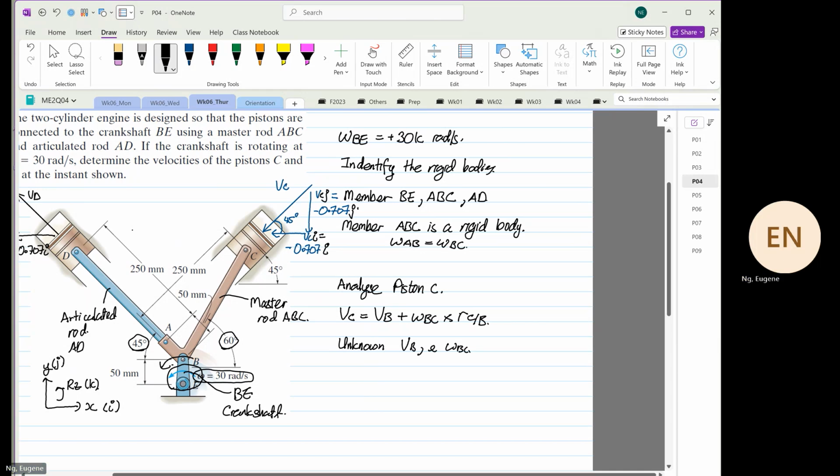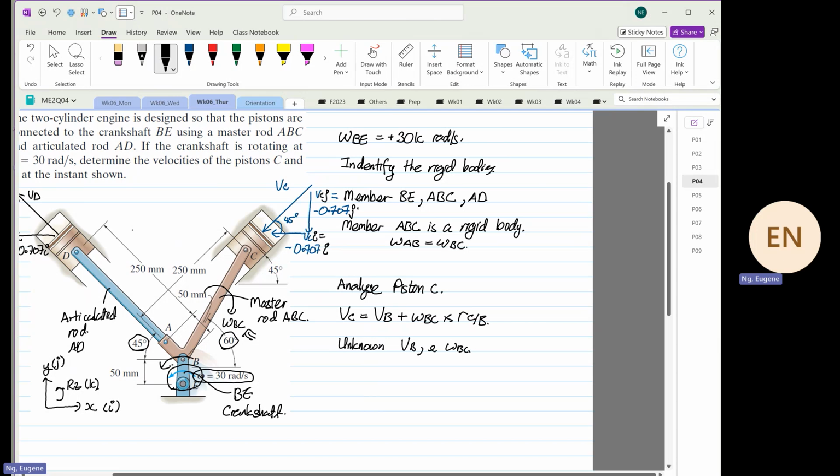Then we have to again assume what is our omega BC direction. This is just an assumption. This is my assumption that this is our omega BC.